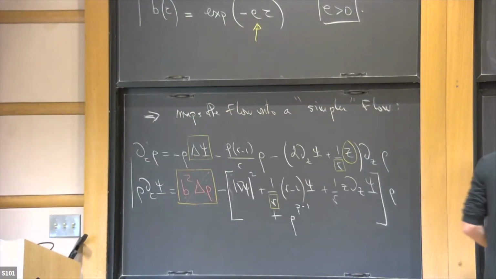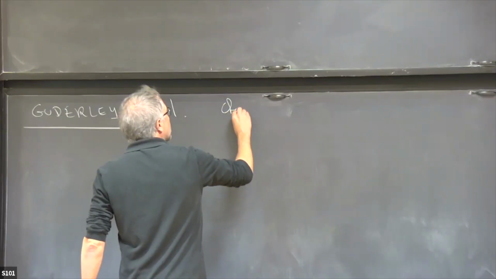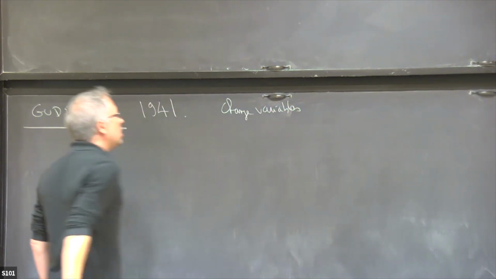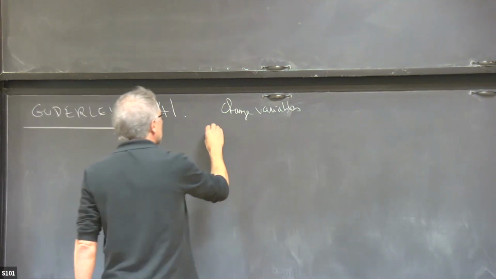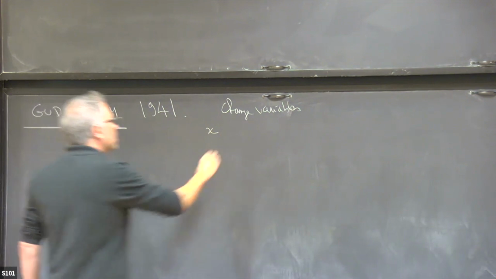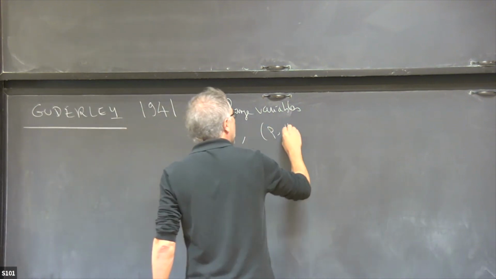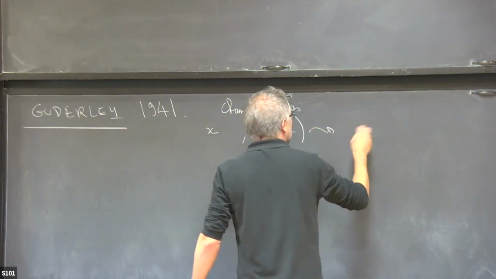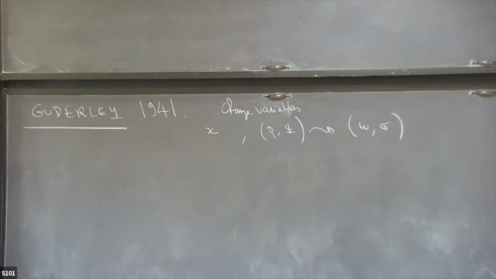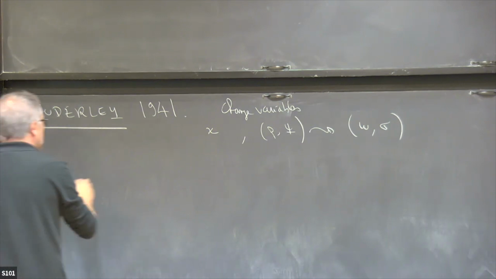So you can change variables. Let me ignore what the change of variables is. There's no point. You can change variables so that your new space variable is going to be X, and rho and psi are traded in an explicit way for 2 functions omega and sigma. And then your ODE, the stationary ODE, becomes exactly this.